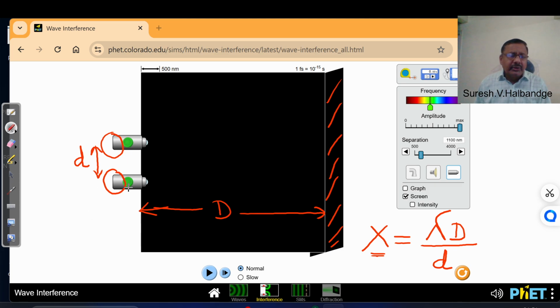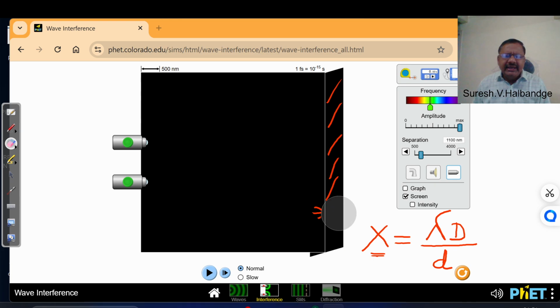Now here we observe the coherent sources are the sources of single wavelength, right? Now in this case, we shall take the two sources and I shall take the sources of light which are red in color.